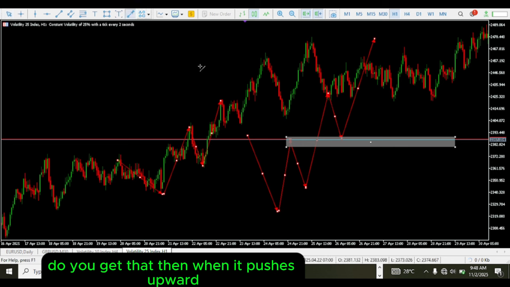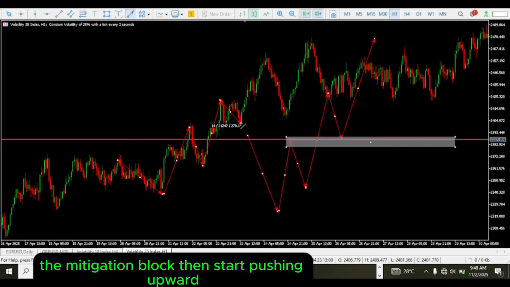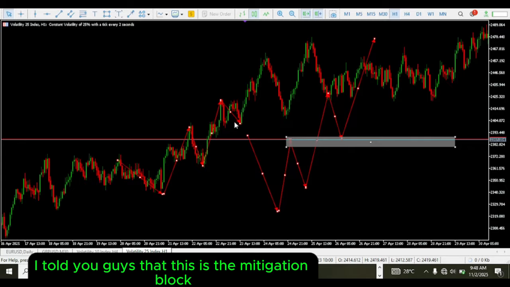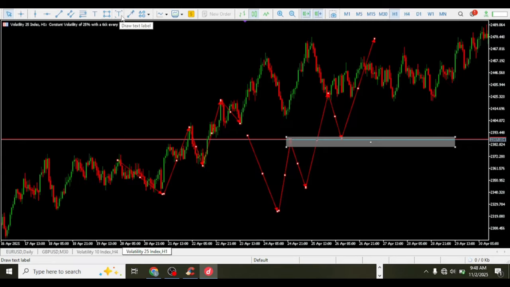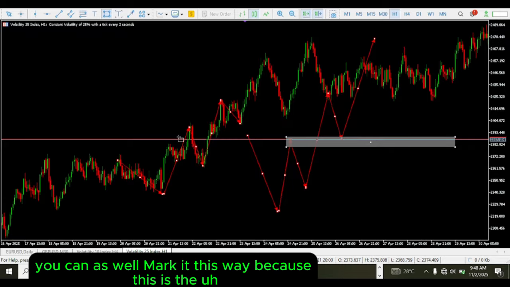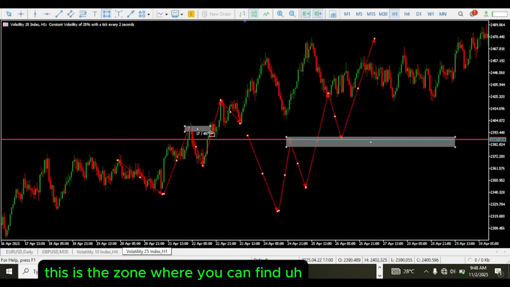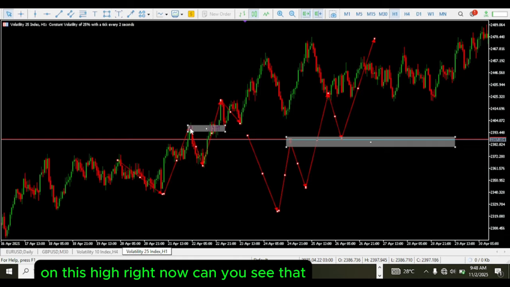Then when it pushes upward, you're going to revisit this zone again, the mitigation block, then start pushing upward. Remember I told you guys that this is the mitigation block. You can as well mark it this way, because this is the zone where you can find the two candlesticks that closed on this high right now.